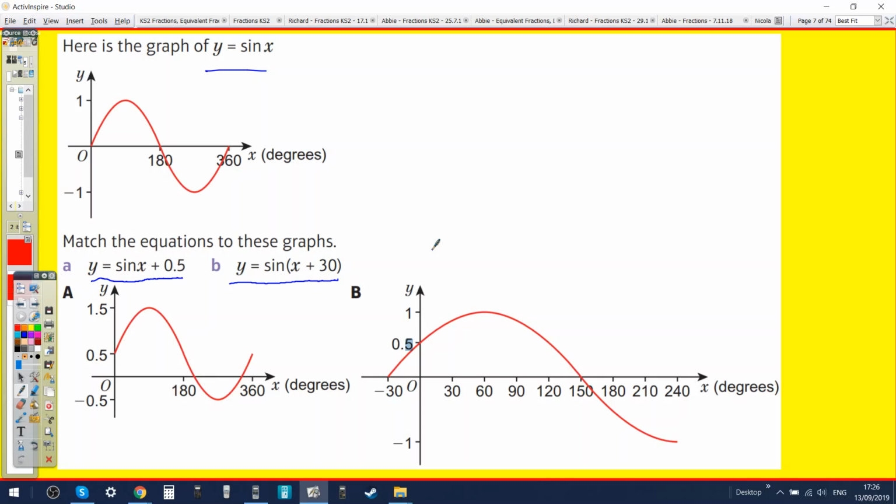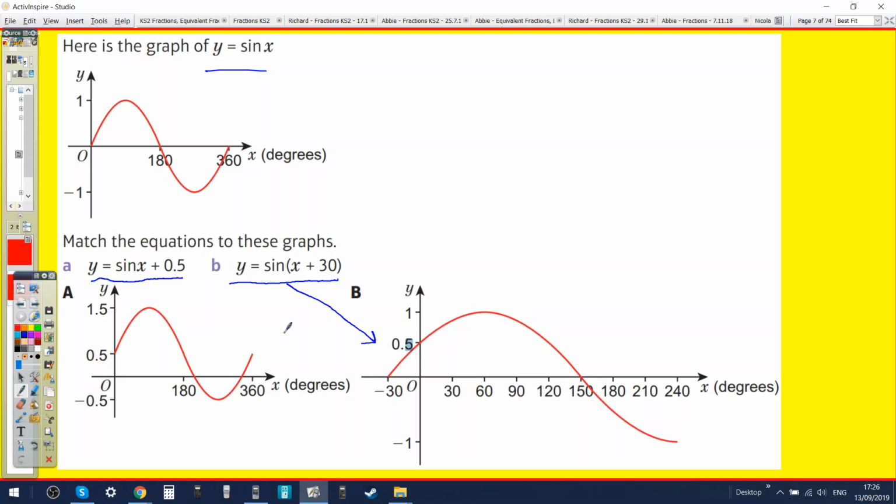So the plus 0.5 is the y here, yes? Yep. So that doesn't give us much clue for now. Okay, so how about the x plus 30? I would say B, because A goes to B. No, sorry, you're right.